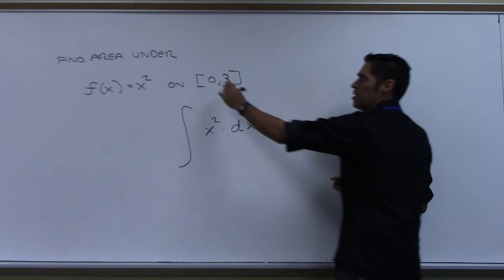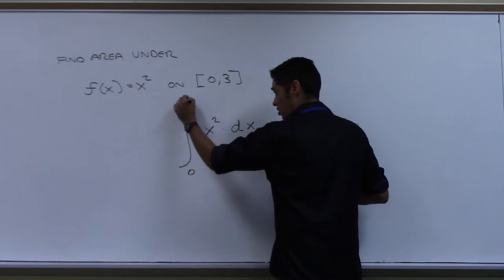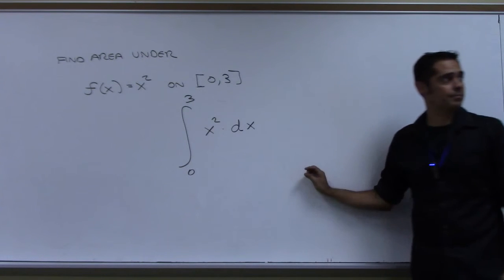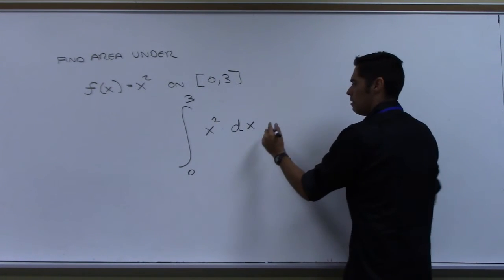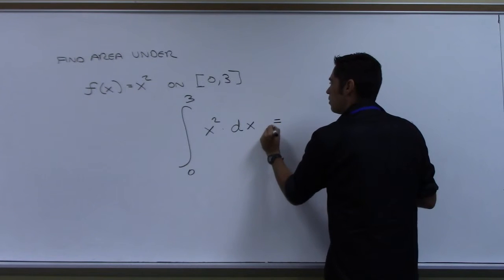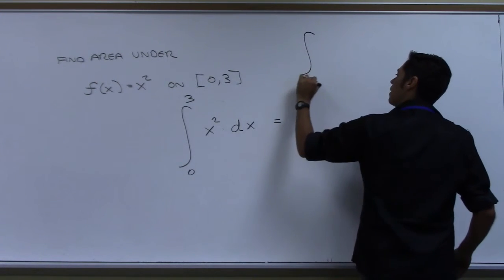Then we use 0 and 3 to tell us where to start and where to stop, right? According to the evaluation theorem, the answer to this will be equal to, and I'm going to write the evaluation theorem up here.